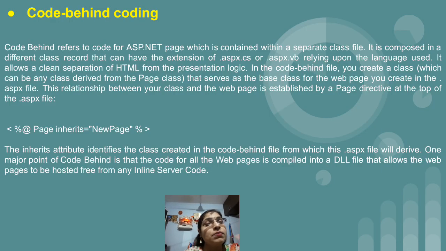And again the part actually I have previously explained only, that is code behind coding. In case of code behind coding, we are having a separate .aspx page on which we create the interface, and then we are having an .aspx.cs page on which we will write the definition for different events. So just see the example.